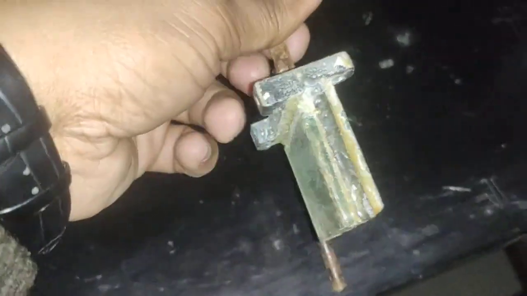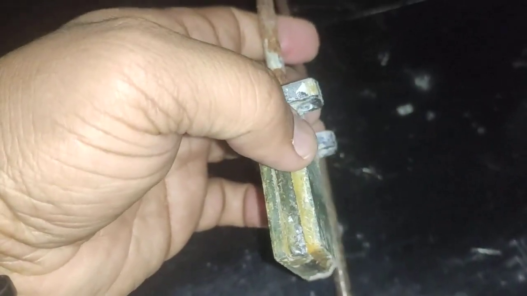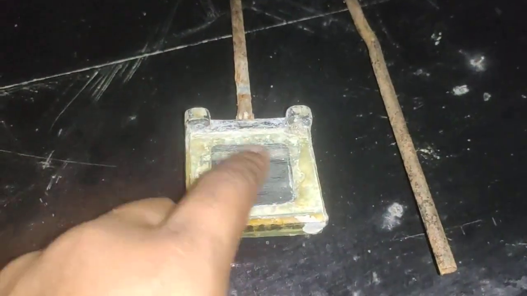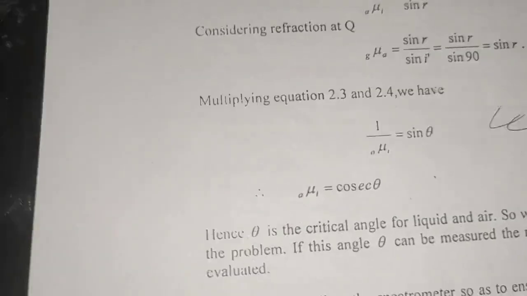So this is the air film. The structure is like that: two glass plates are placed, and between them air is trapped inside, so that's why it's called an air film.